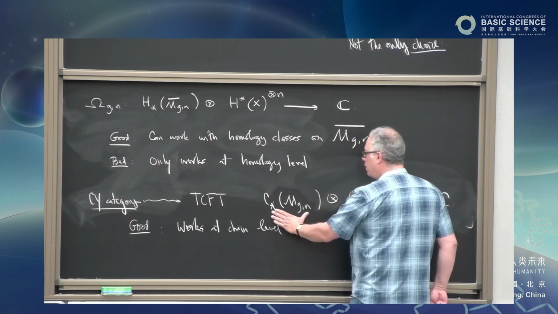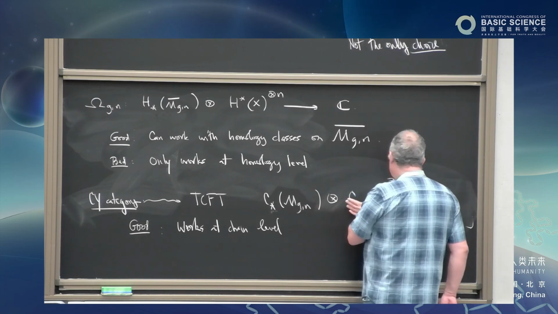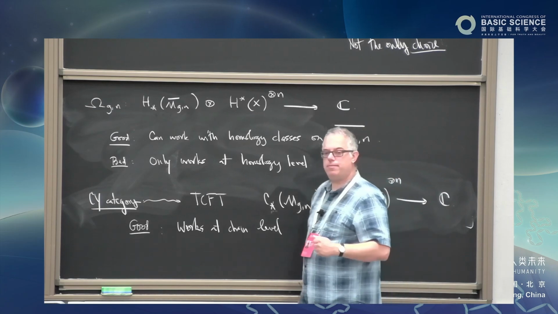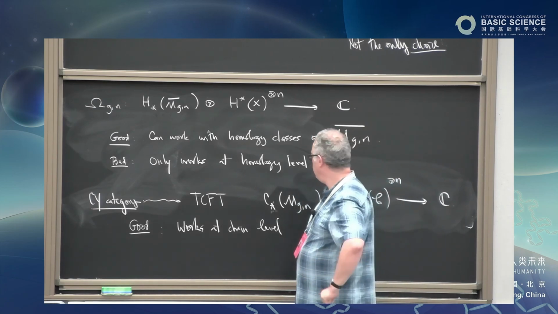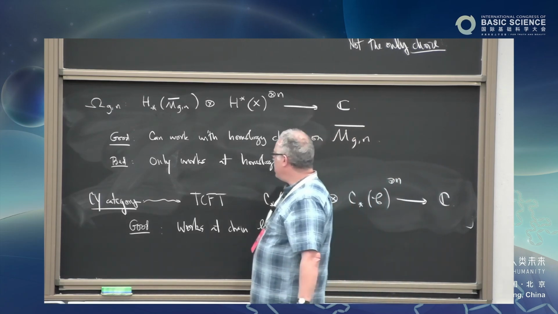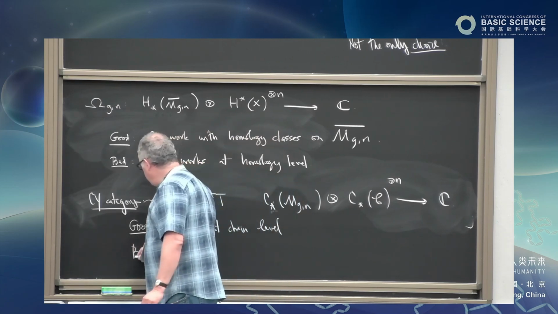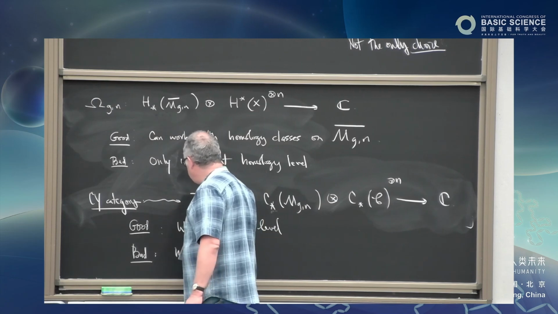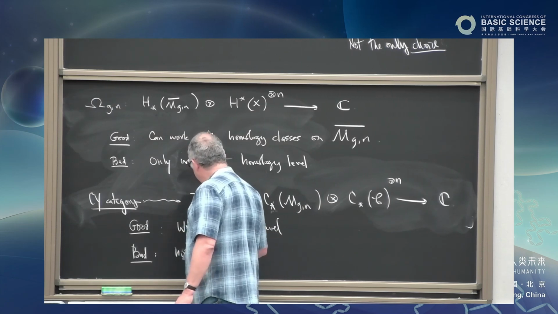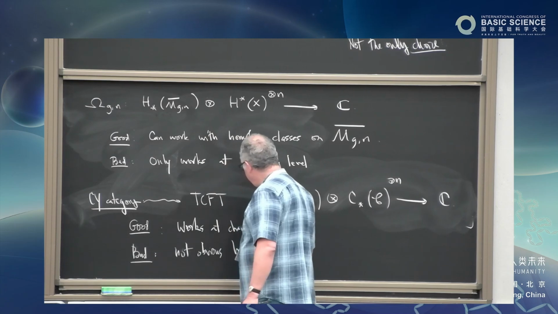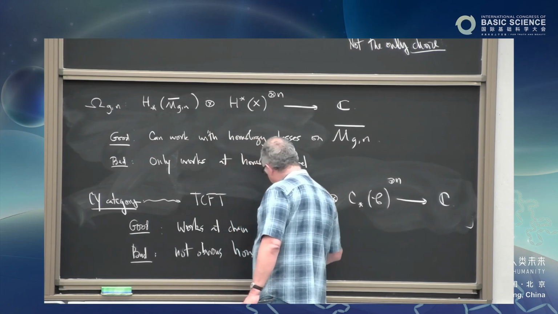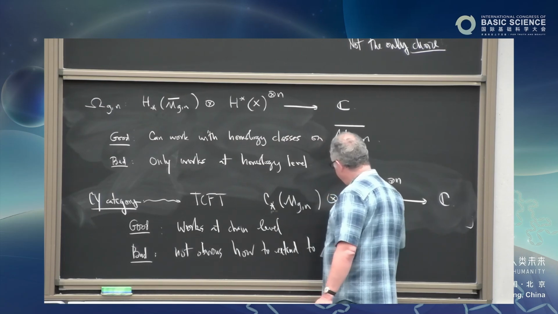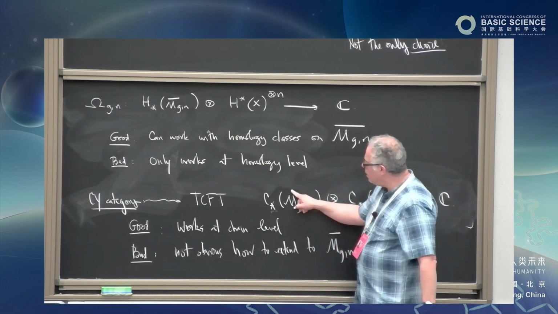So notice, magically, I'm allowed to put here even non-closed chains in this theory. So these don't have to be closed. The result need not be the same if I change by exact chains. But the bad here is that it is not obvious how to extend to M_gn bar. So notice that here I never put the bar.